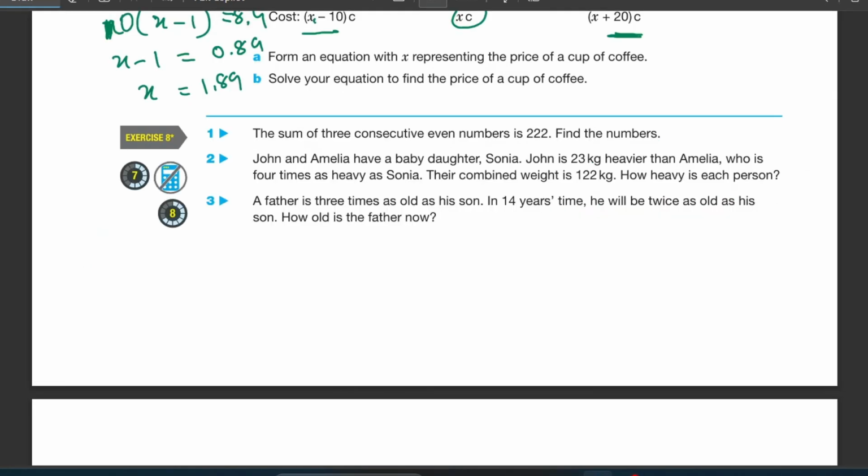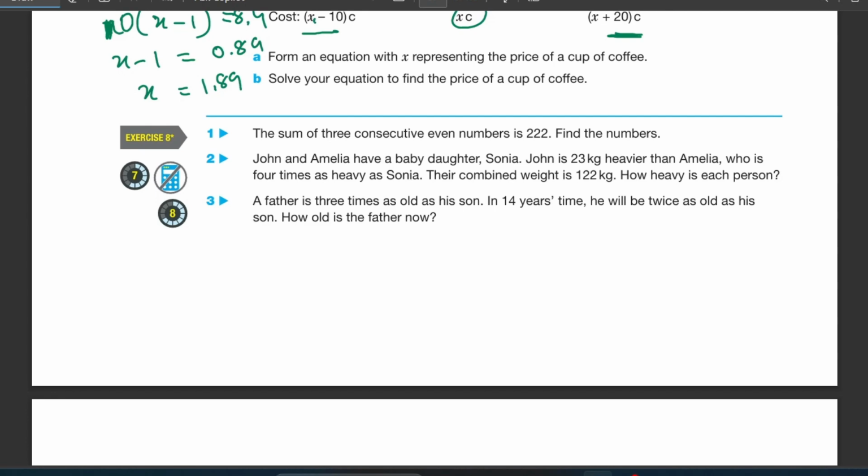I'll do another example. In the third one, they're saying a father is 3 times as old as his son. In 14 years' time, he will be twice as old as his son. How old is the father now?